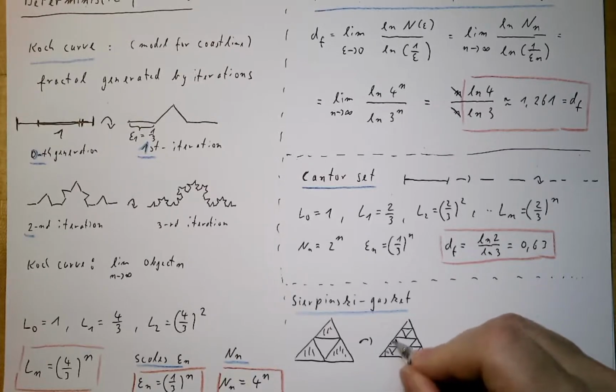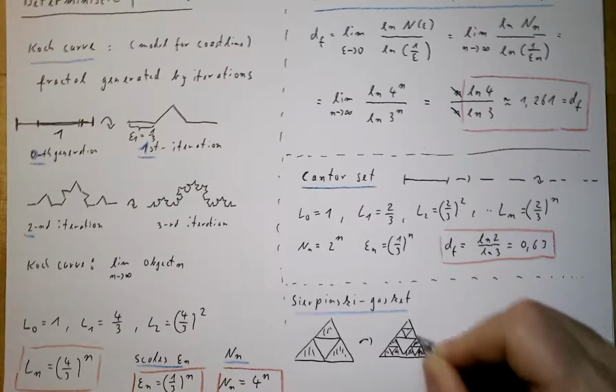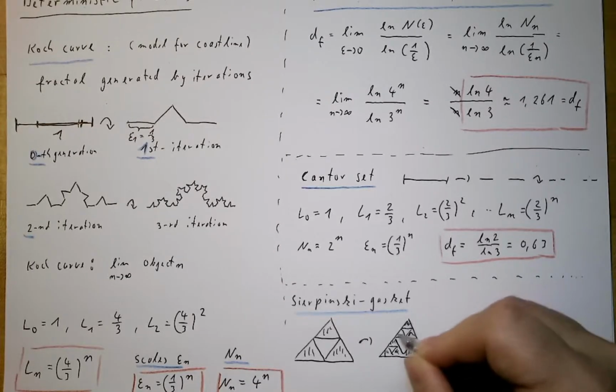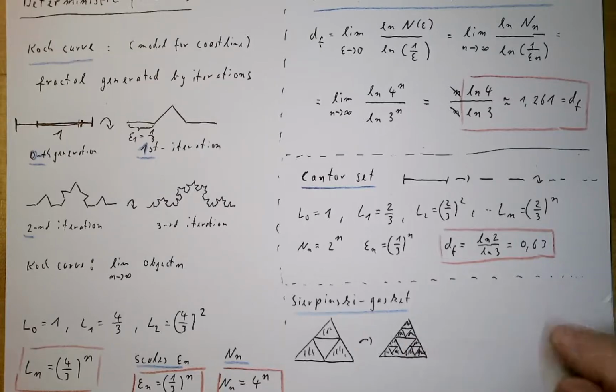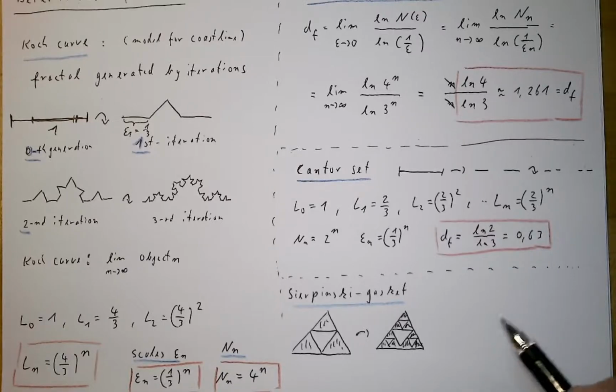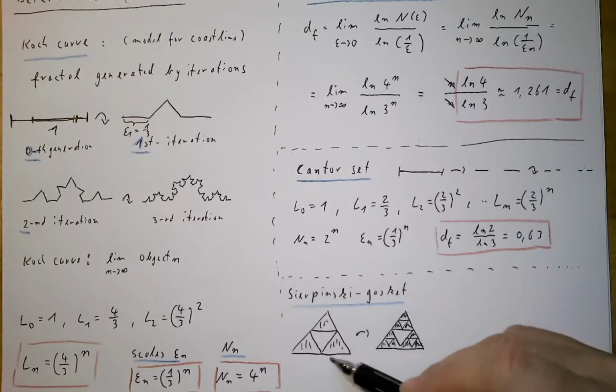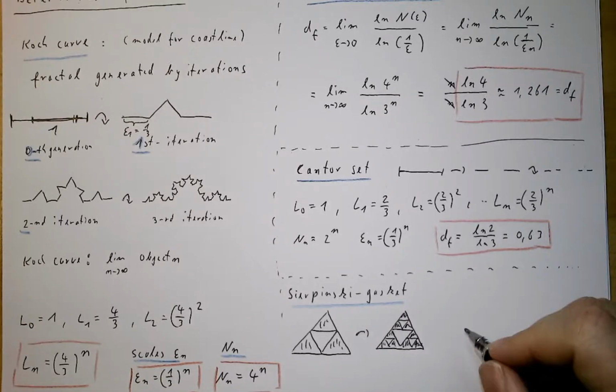And then we keep the remaining areas, and so on and so forth. And now we can calculate again. So like in this case, maybe we should calculate the area of the whole object.